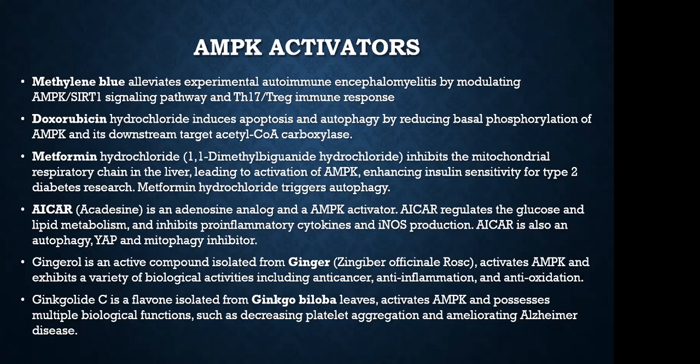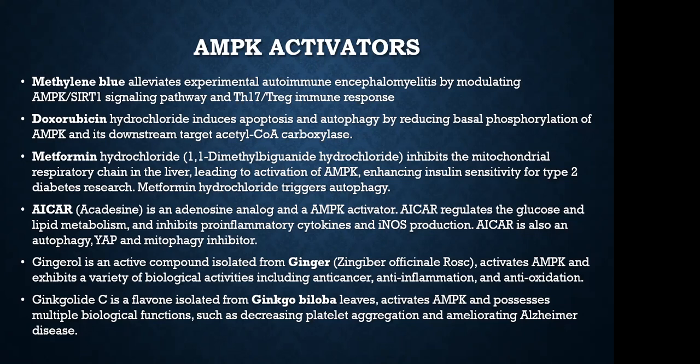And then we have doxorubicin, which induces apoptosis and autophagy by reducing basal phosphorylation of AMPK and its downstream target, acetyl-CoA carboxylase. So you can see how doxorubicin triggers the cell death of cancer, working through the AMPK.